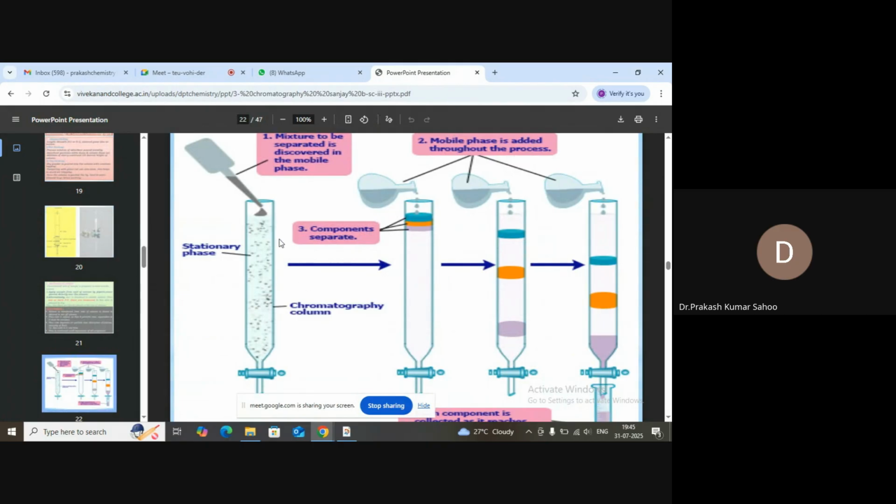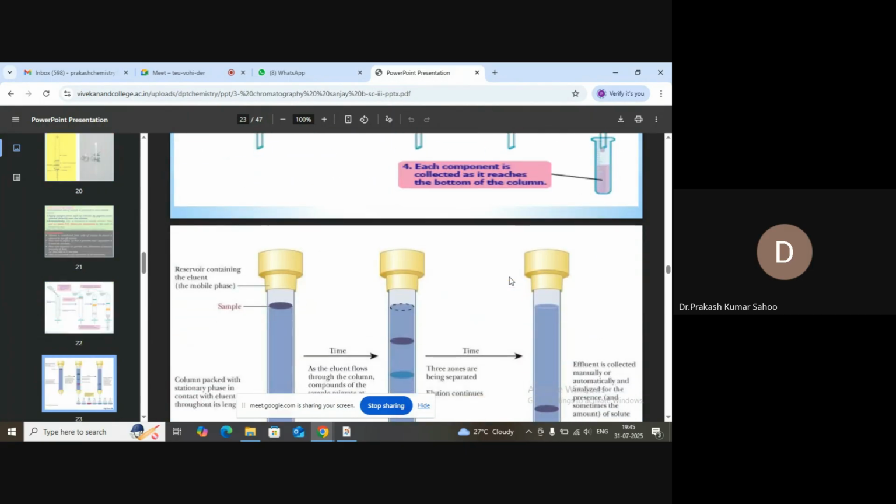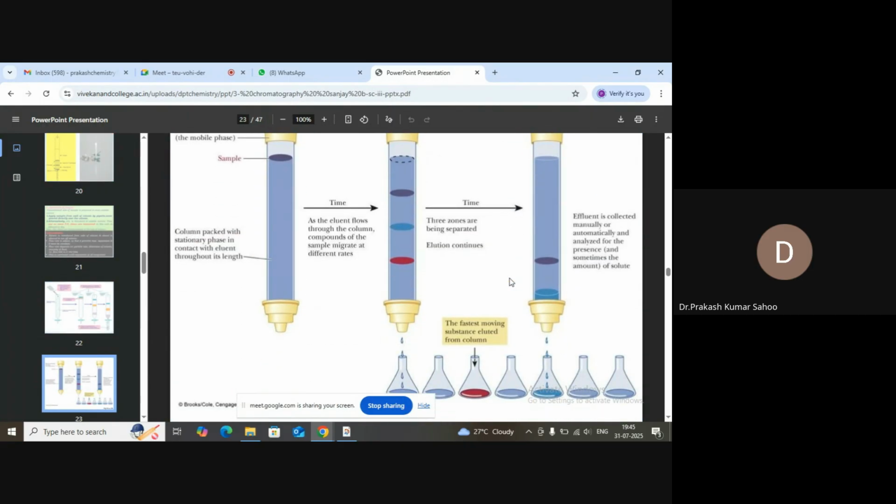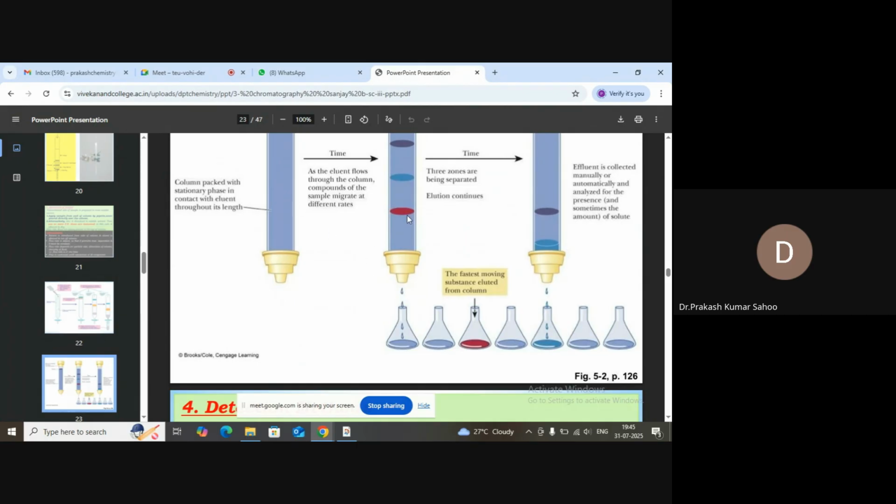Then what happens when your mixture is added to the column? After that, the solvent is added. According to the interaction of the solvent with the different components, they get separated one by one depending on their interaction with the stationary as well as the mobile phase. You can see here, this is the column, this is the first component we have.